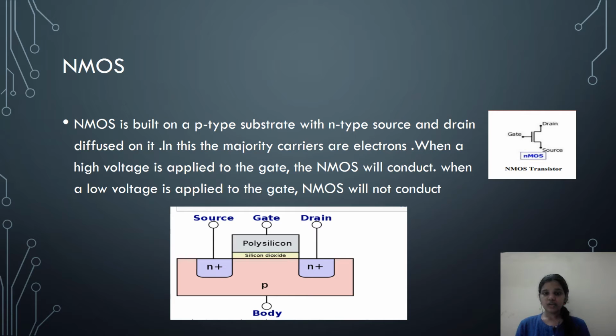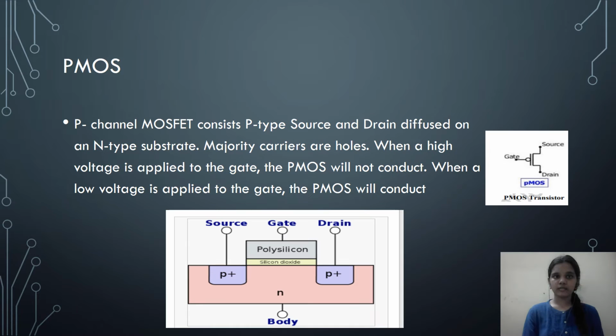The SiO2 is acting as an insulating material. In this NMOS, the majority carriers are electrons. When a high voltage is applied to the gate, the NMOS will conduct. When a low voltage is applied to the gate, the NMOS will not conduct.